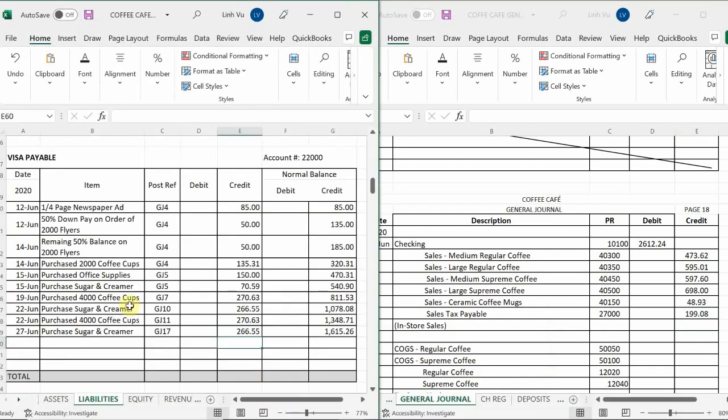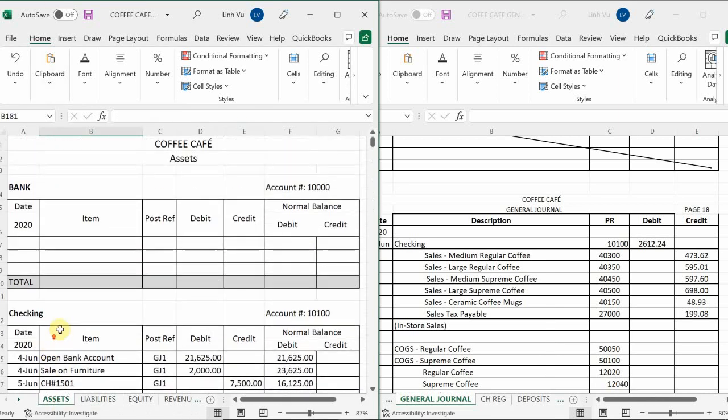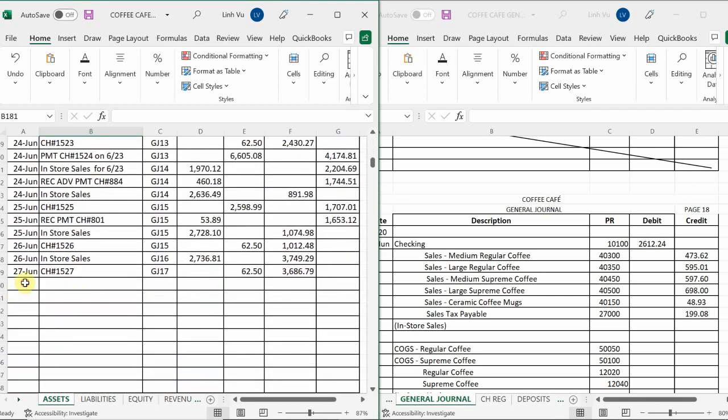Okay. Ledger it is. We're going to update my checking account for the in-store sales. We earned $2,612.24.